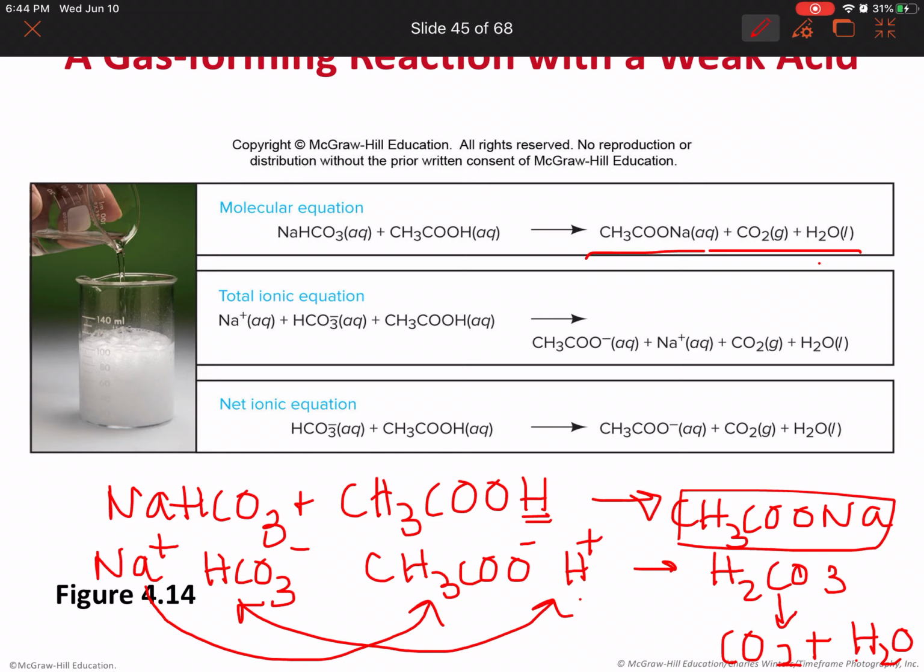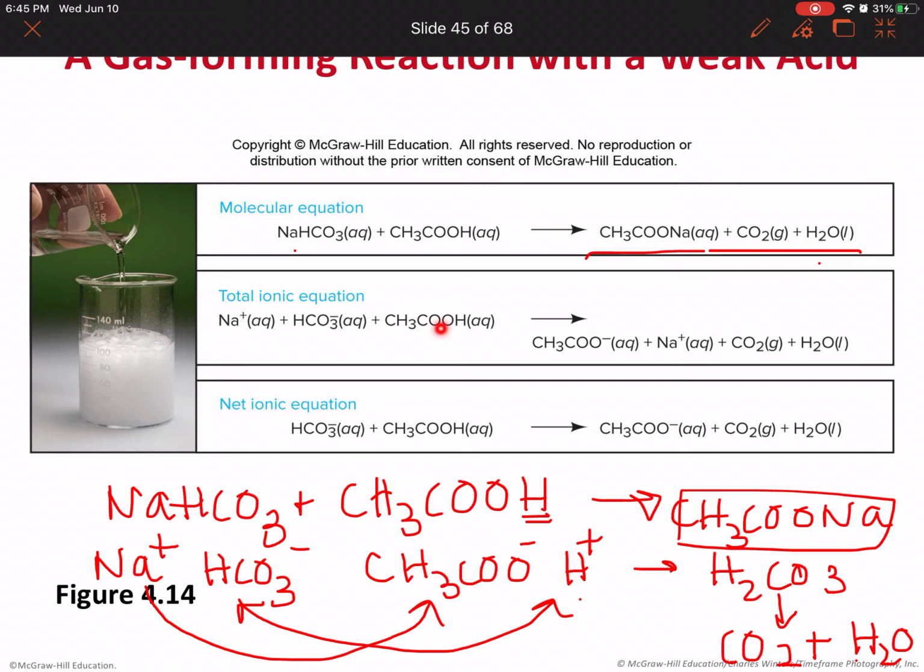For the total ionic equation, sodium hydrogen carbonate dissociates into sodium ions and hydrogen carbonate. But you can see here the acetic acid is not going to break into ions because it's a weak acid, and most of the acetic acid is going to stay intact.